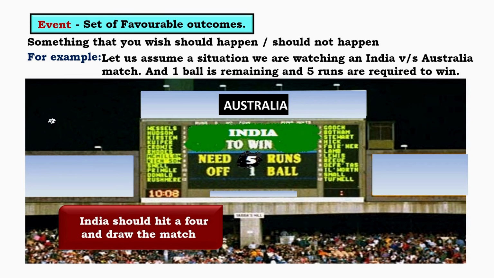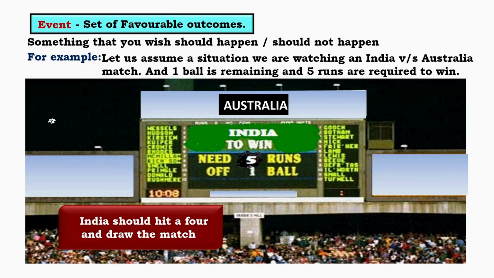If India hits a 6, India will win the game. If India hits a 4, there will be a draw. In other cases, like below 4, India will lose the game.